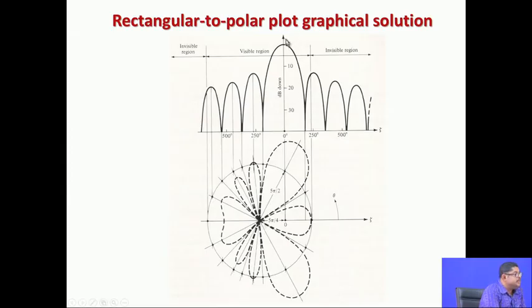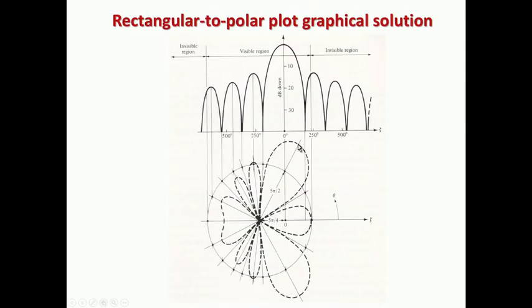You see that the main beam is here. In the u plane it looks as if it is in the center, but actually, if you plot it, the beam is tilted. This point will correspond here. From this intersection, the value we put is at that point.